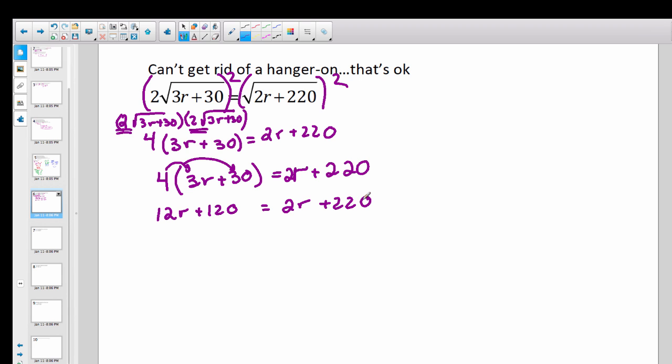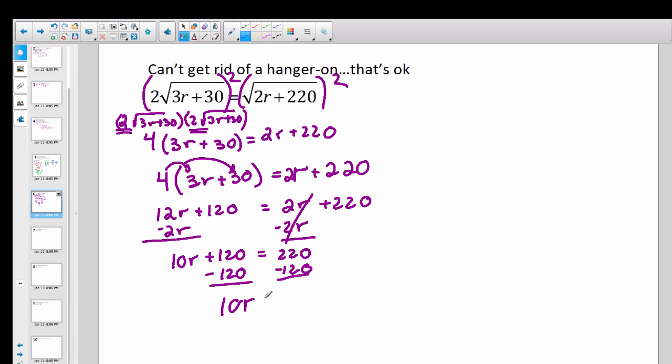So I'm thinking, keeping the r's positive, let me take away 2 r's here, leaving me with 10r on the left side. So let me move this 120 over to the other side, and you'll see the example works out very nicely. 10r equals 100, divide by 10, r equals 10.